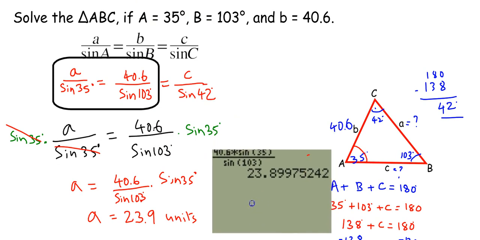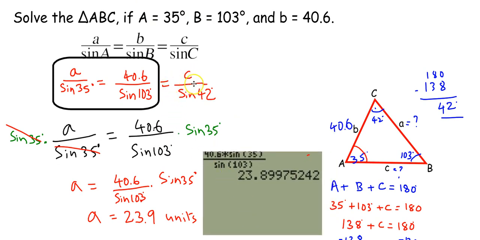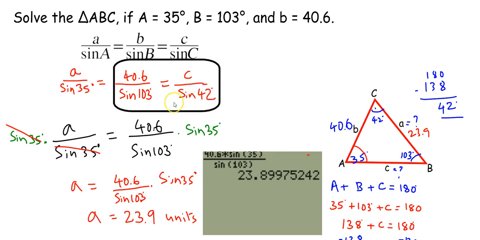Now we repeat the same process for finding the value of this C. So now we have this A, 23.9. A is also done. Now we are just looking for C. To find the C, I am using the second and third ratio.